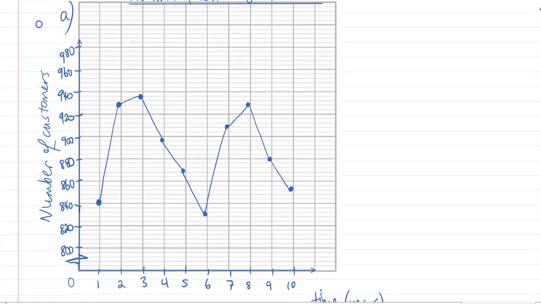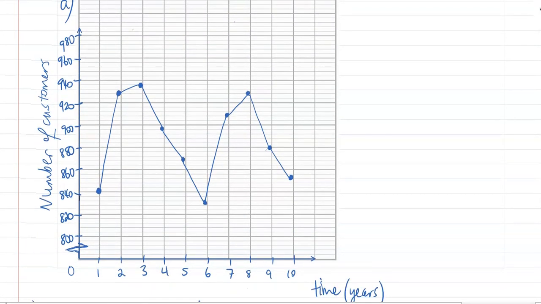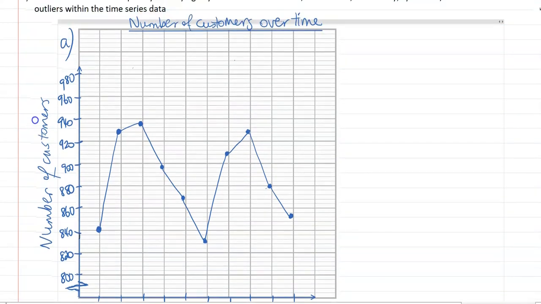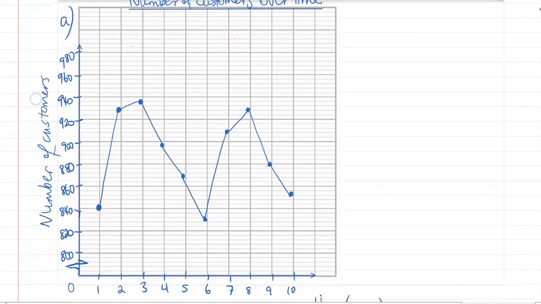Okay, so I've just put in a hand-drawn time series plot there. Make sure you label the axes, draw any plots with a line, give it a title, and some sort of reasonable scale.